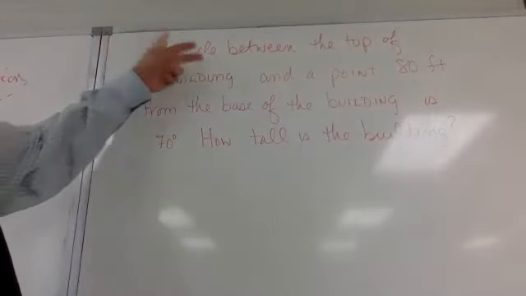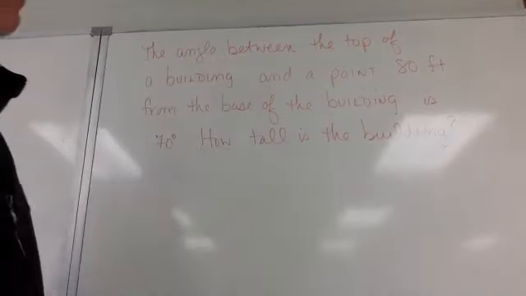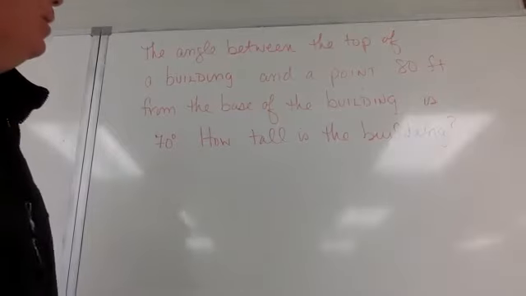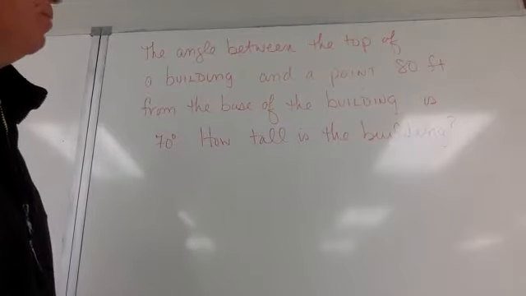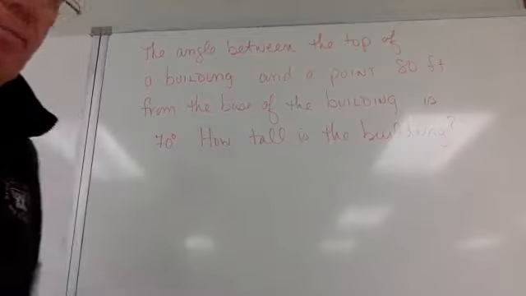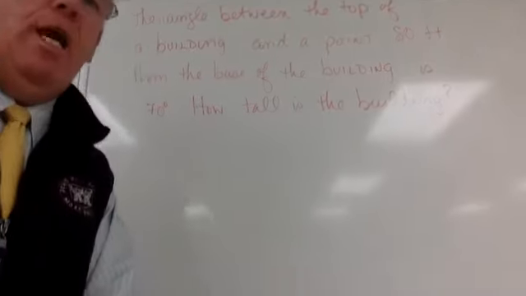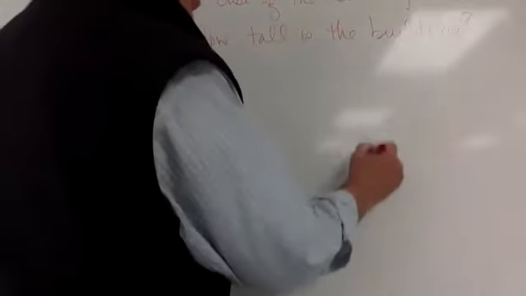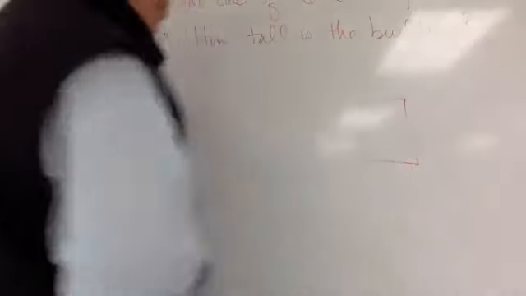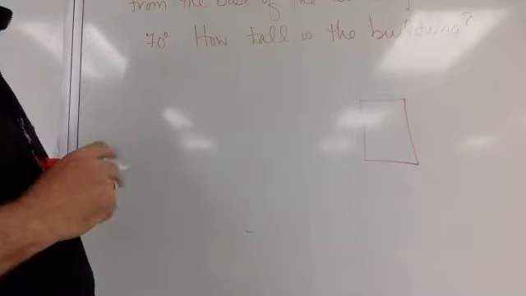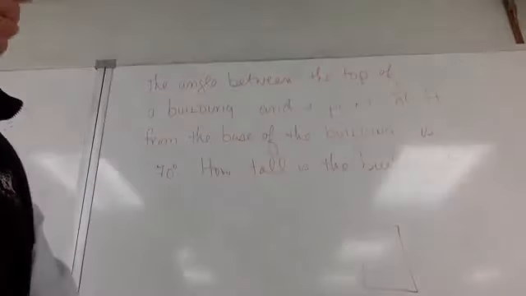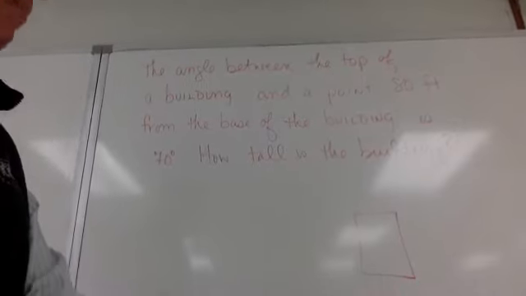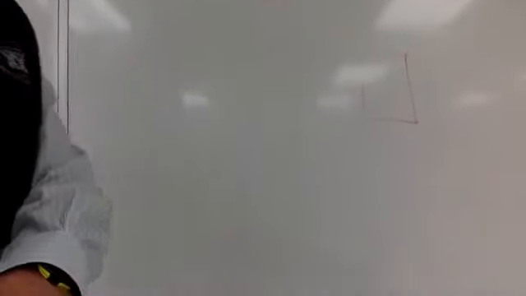The angle between the top of a building and a point 80 feet from the base of the building is 70 degrees. How tall is the building? Well, the first thing you've got to do is actually draw the building. So there's your building. It says the angle between the top of a building and a point 80 feet from the base of the building.